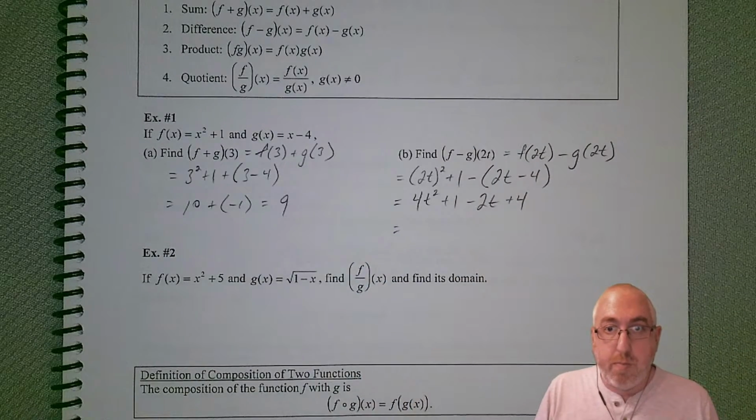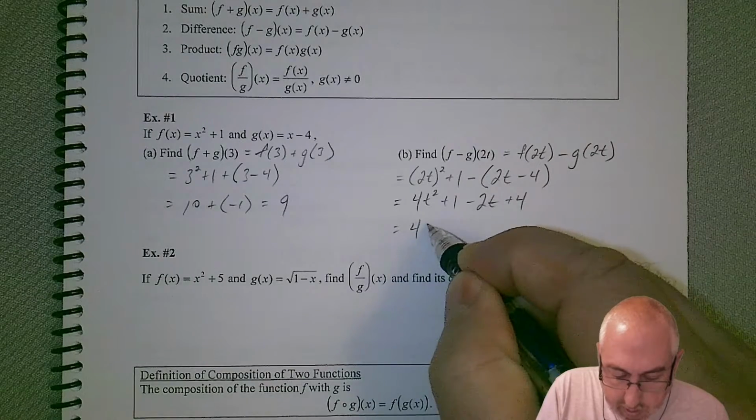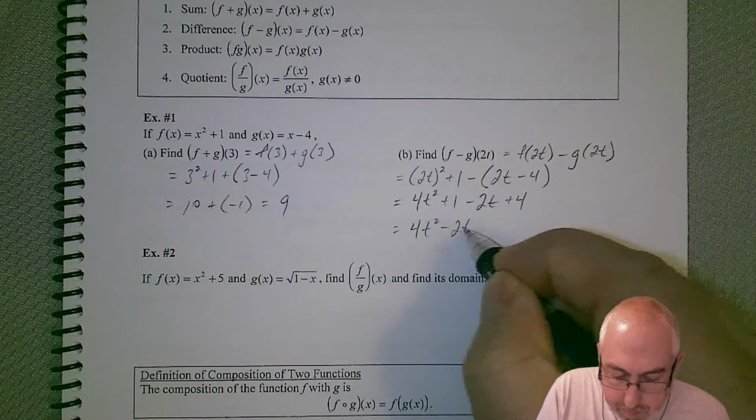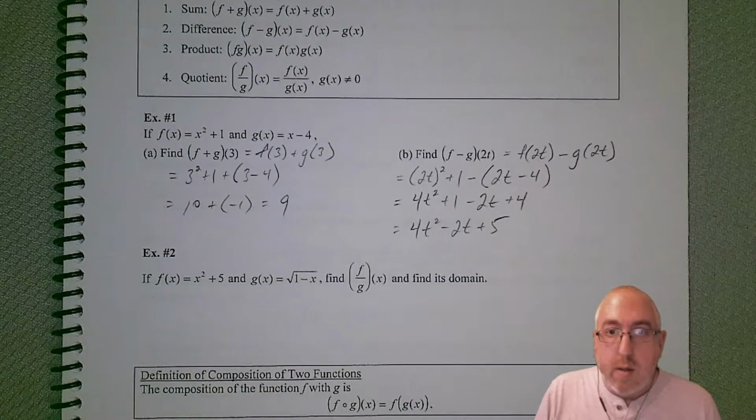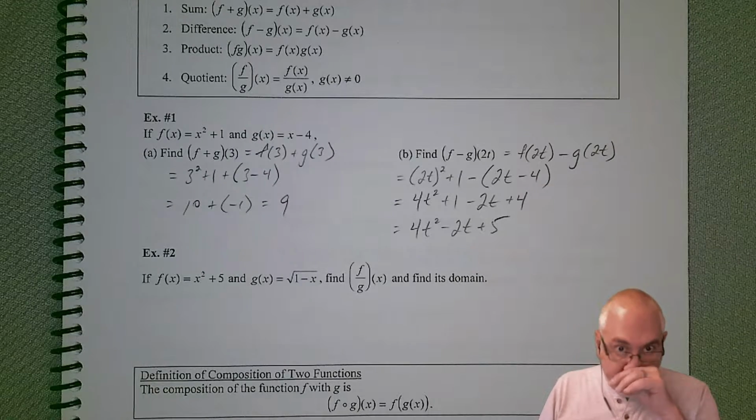And now let's combine any terms, which we can do a little bit. And we'll put it in a nice descending exponent form. So 4t squared minus 2t plus 5.